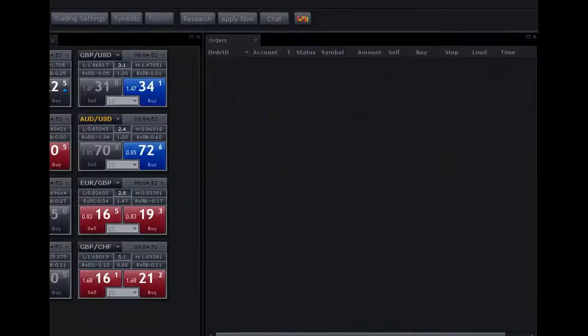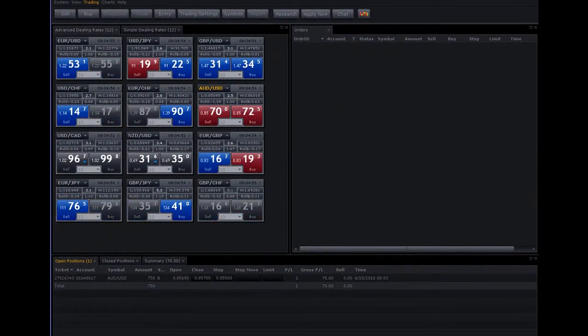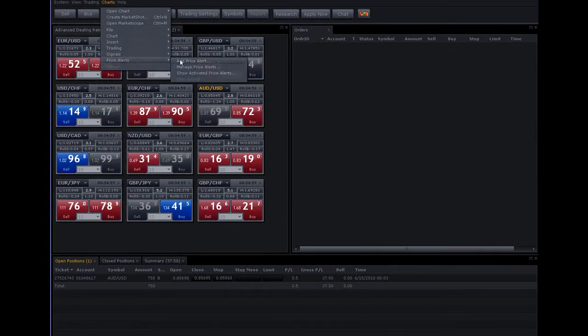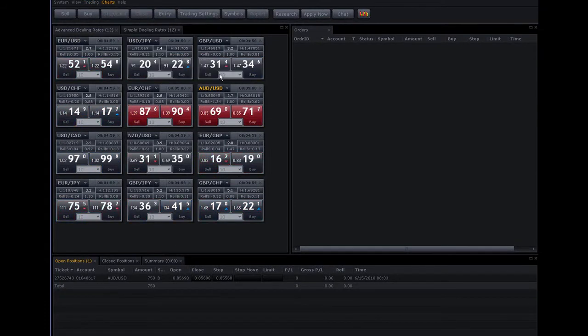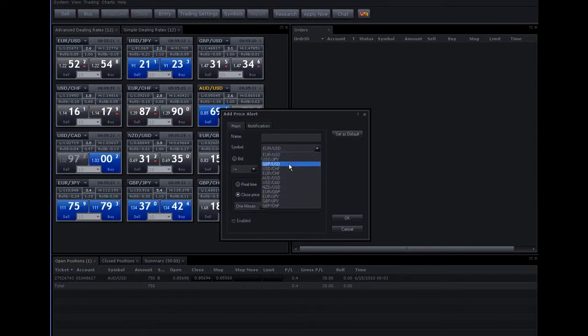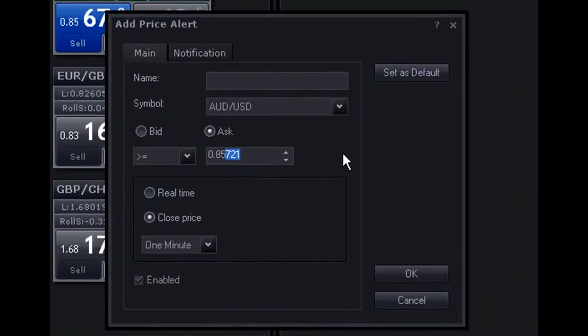So in my broker screen, I'm going to just put an alert. I'm going to go to charts, price alerts, add price alert. If we just select the right currency, AUD USD, we want that to go to, so if we want the broker price to go to 77, the ask price, the buy price, will be at 79.